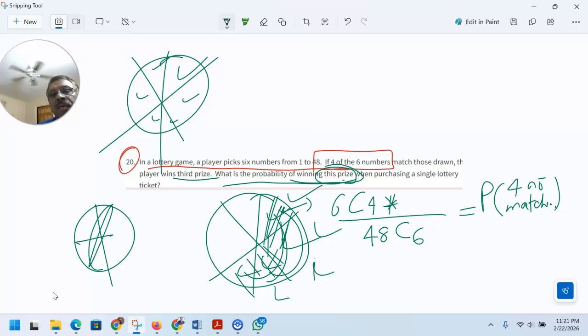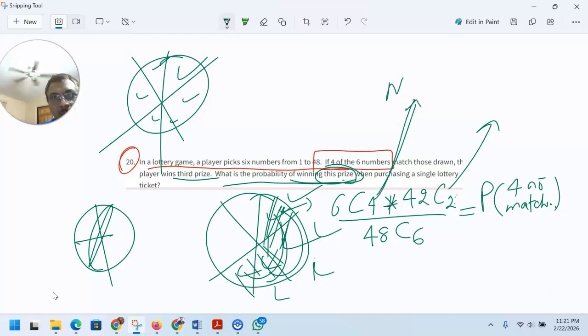That means there are 42 wrong ones, which I showed last time. And from here he gets two of them. So these are the two wrong ones. These are the four right ones. So four match, but two don't match.